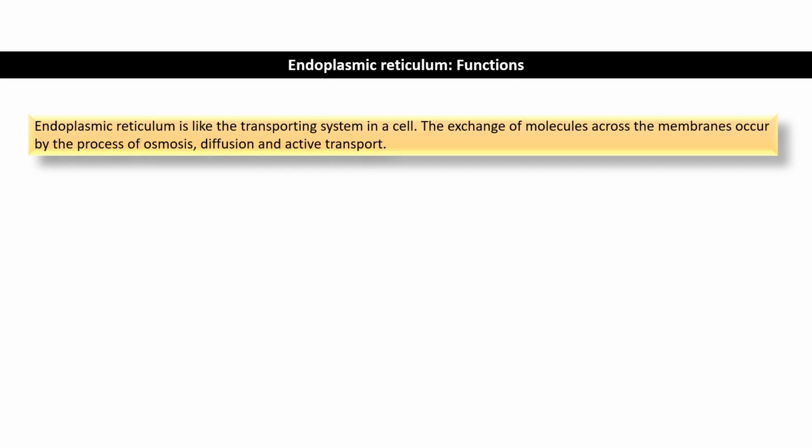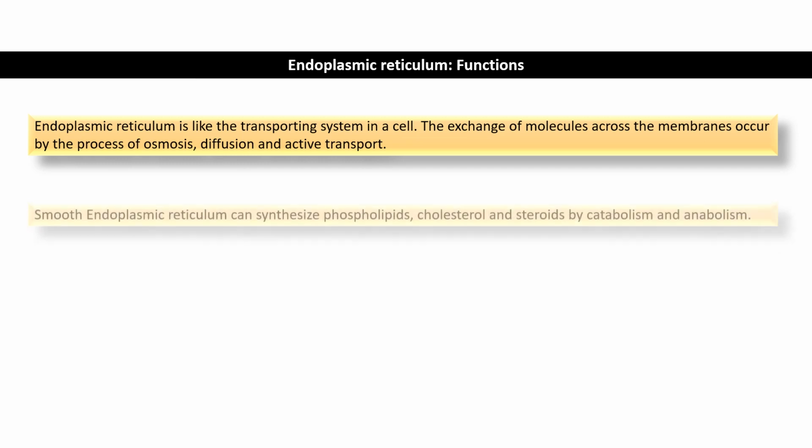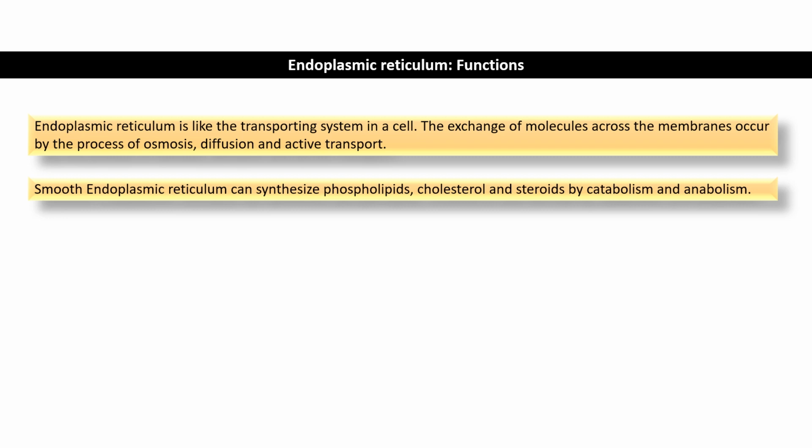Now the exchange of molecules across the membranes of the endoplasmic reticulum occurs by three main processes: osmosis, diffusion, and active transport. Now the next function is that smooth endoplasmic reticulum can synthesize phospholipids, cholesterol, and steroids by catabolism and anabolism.